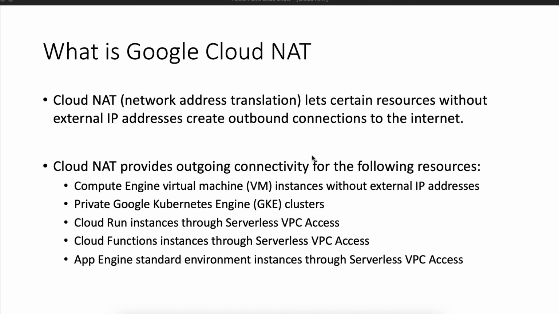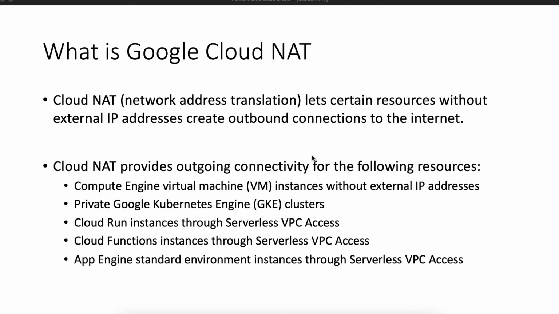So think of it as when you create a virtual machine, in simple terms, you get two types of IP addresses, private IP and public IP. In order for your virtual machine to access the internet, you need a public IP.